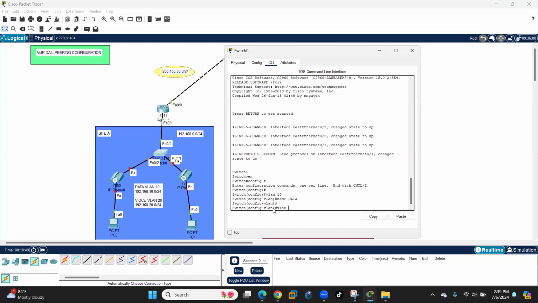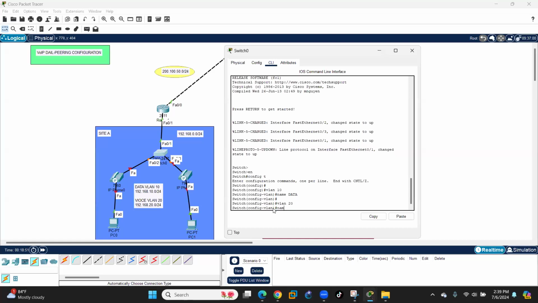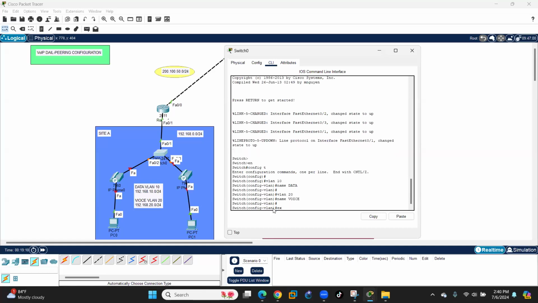Then VLAN 20, name voice. Please, the name is special. If you don't use voice, it won't work. Then exit.